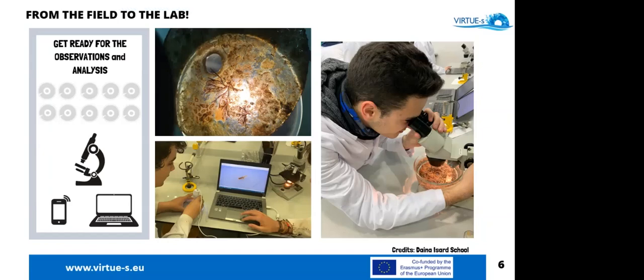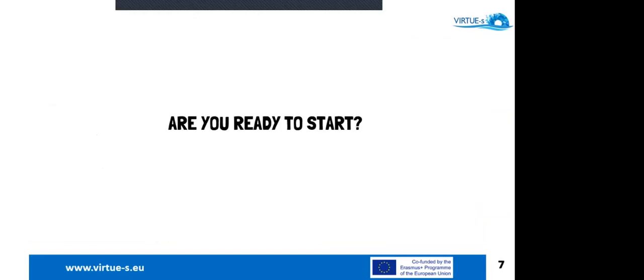Before starting, you should check the availability of the laboratory materials. But as I was saying before, you don't need much material, just some basic tools. And let's start with the activities.